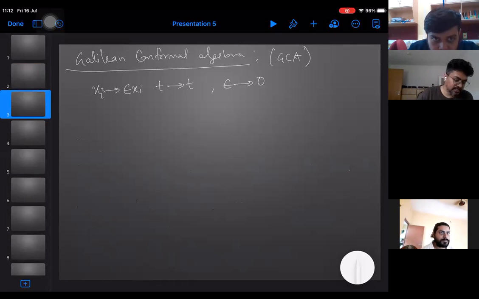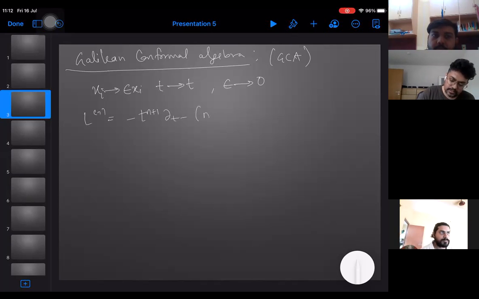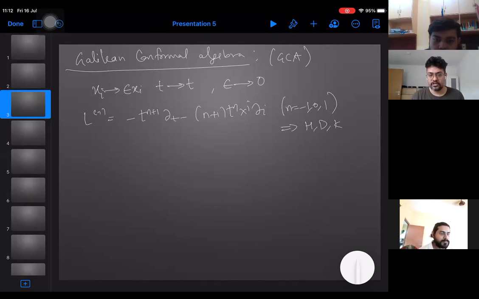In this case, the generators become L_n, where again n equal to minus 1, 0, and 1 corresponds to the Hamiltonian, dilatation and the special conformal transformation, which is the temporal part, and there will be an M_n, which is ∂_i.